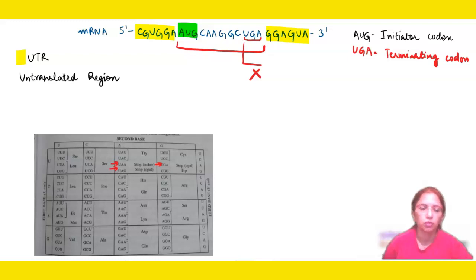So in boards or in any of the competitive exams, they may give you a sequence and they will ask you to find out the UTRs out of it. So it's very easy. First find the initiator codon and terminating codon. The region prior to the initiator codon will be UTR, and the region beyond the terminating codon will also not be translated. So it will also fall in the category of UTR, right?